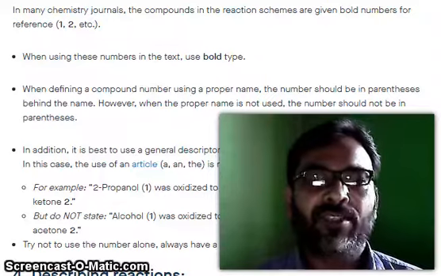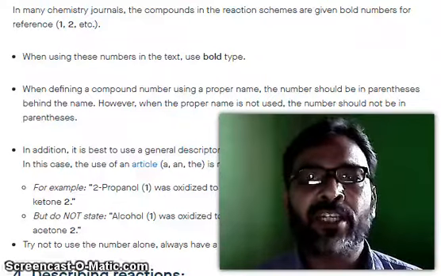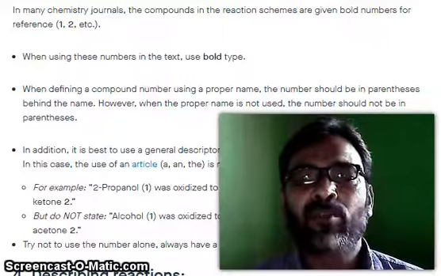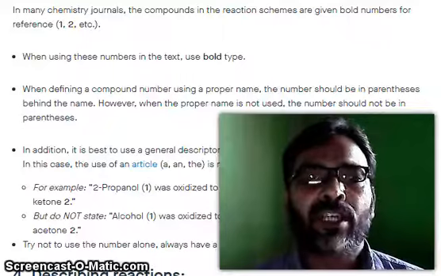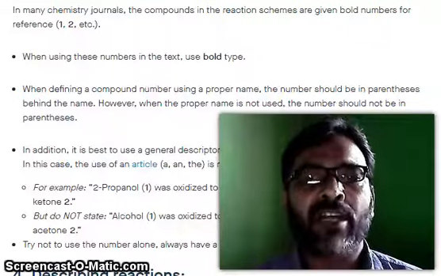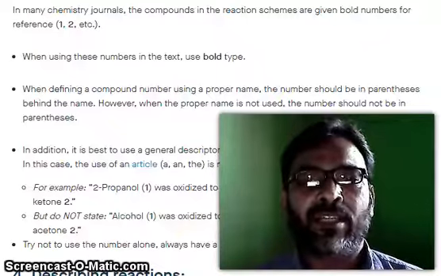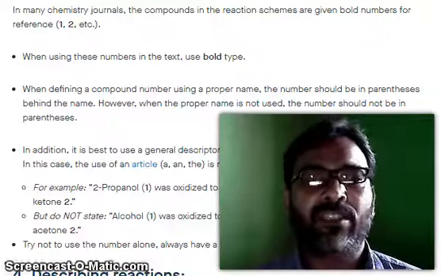In addition, it is best to use a general descriptor with the number. If the proper name is not used, in this case the use of an article, a, an, the, is not usually necessary.